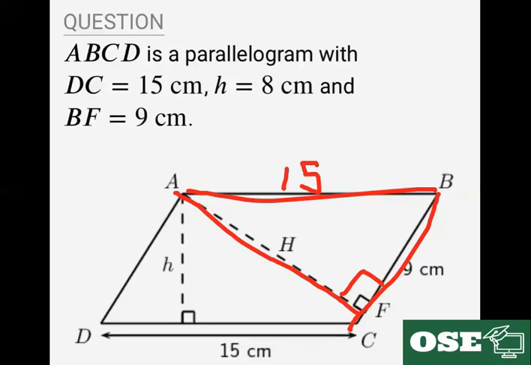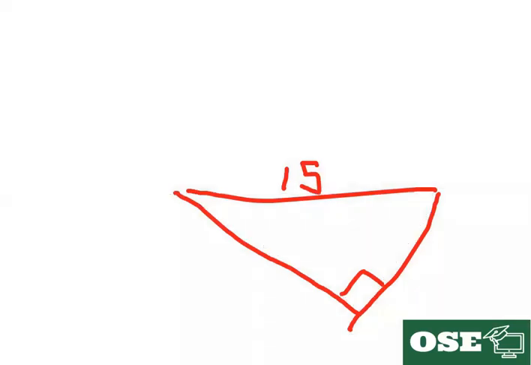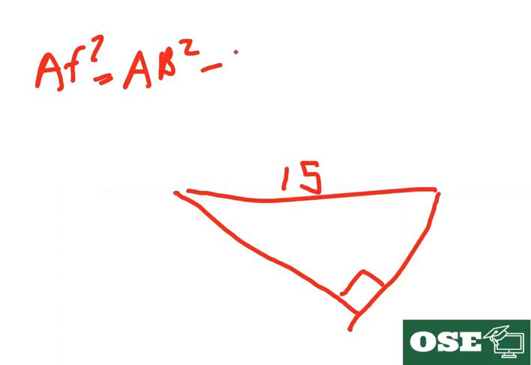Okay, so let's use Pythagoras. AF squared is equal to AB squared minus BF squared.